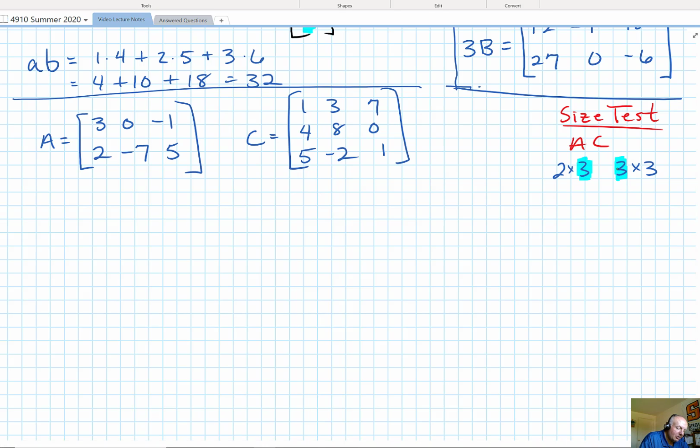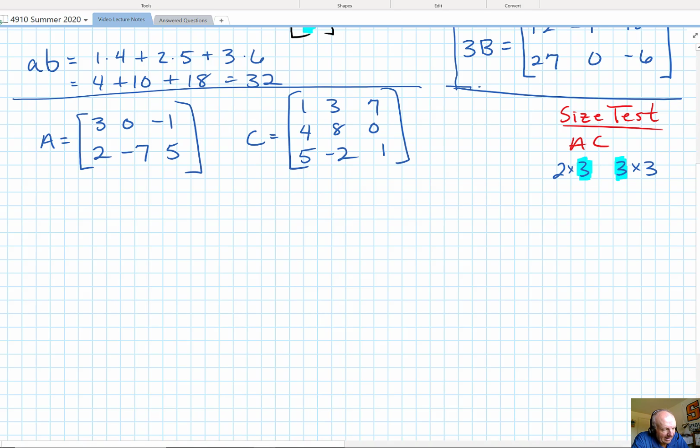I always get it confused, so that's why I rely on the size test. But if those two inside numbers match, then you're good to go.